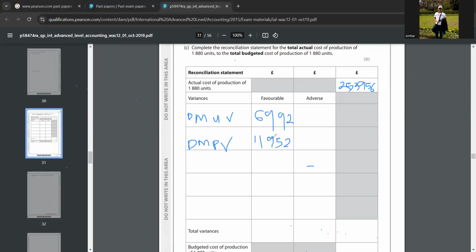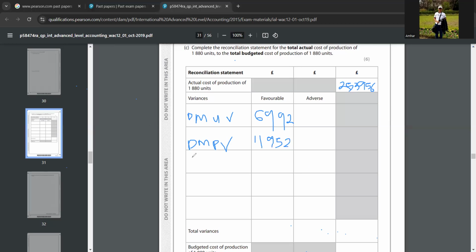No, wrong, that's not all. You have two more, because look at this question. Earlier I read the question, right? In that question, they have told the following variances have already been calculated: direct labor rate and direct labor efficiency variance. Did you see that? So that also you have to record. If you didn't write that, then the whole reconciliation will go wrong.